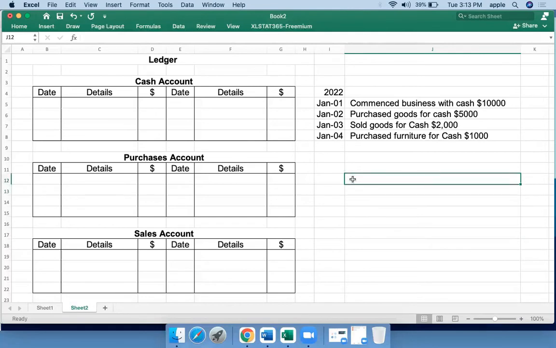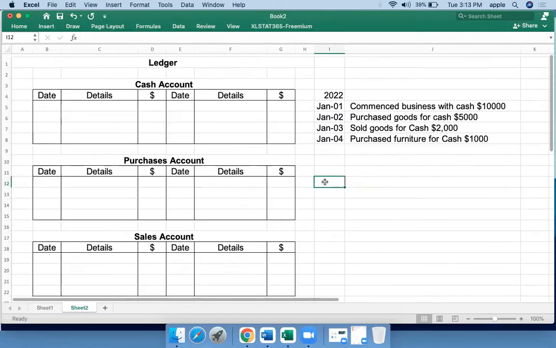Correct. Do the next one. What is the next transaction? The next one will be furniture and cash. Okay, do it.